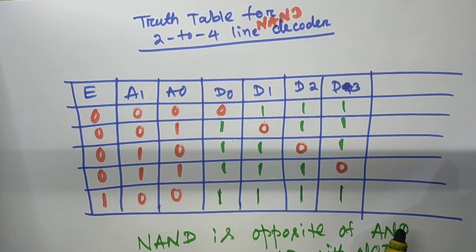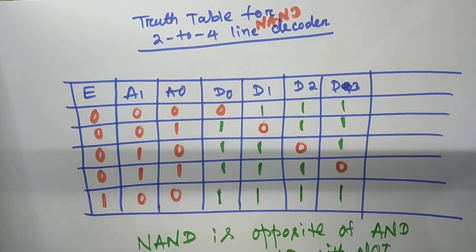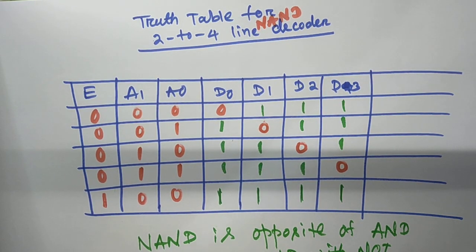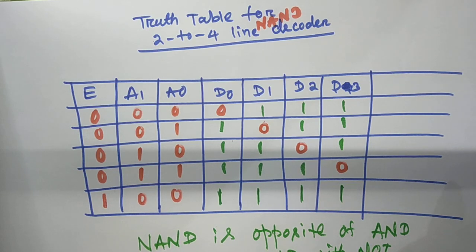But in the NAND decoder, some values change accordingly, since it is an AND with a NOT. That means the negative of AND is NAND. This is the fundamental concept of how to design the 2 to 4 NAND decoder with a truth table.